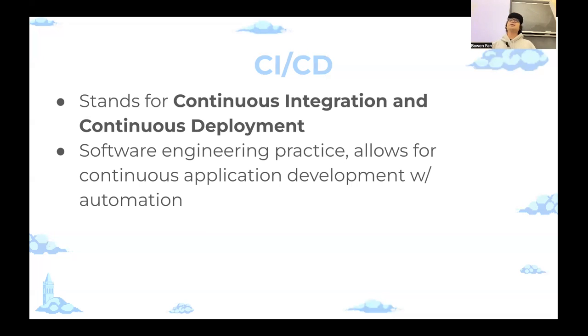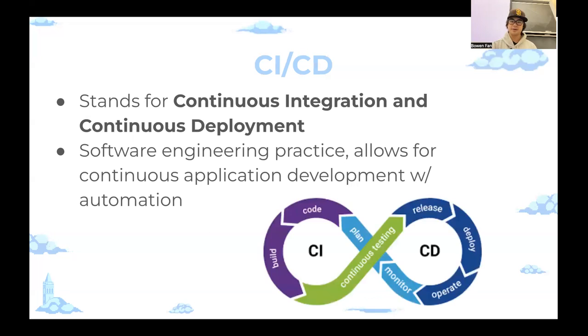So basically, whenever there's a new feature and you want to release it, we follow a CI/CD pipeline. I'll get into an example, but this is an outline of what that looks like. You have a release of a feature, you deploy it, you check the operation, monitor it, and then you get feedback from it.